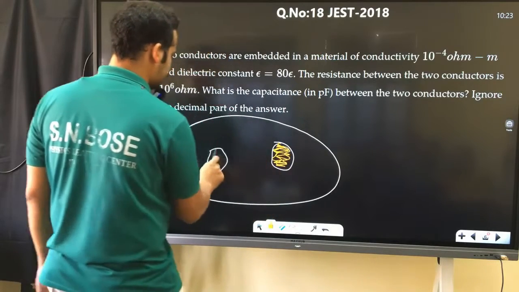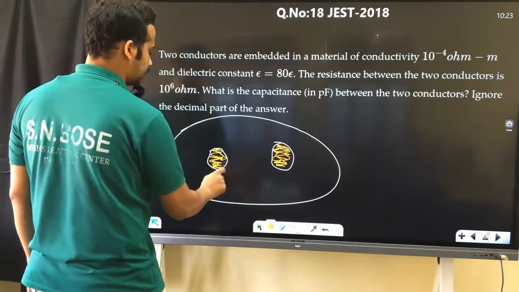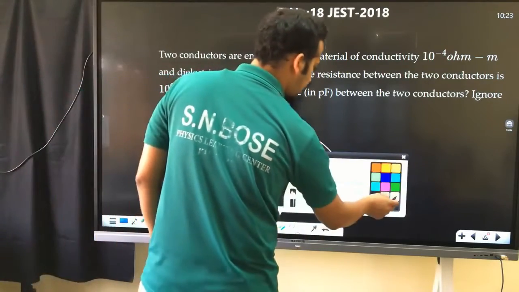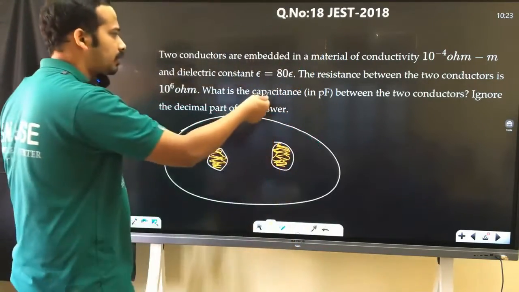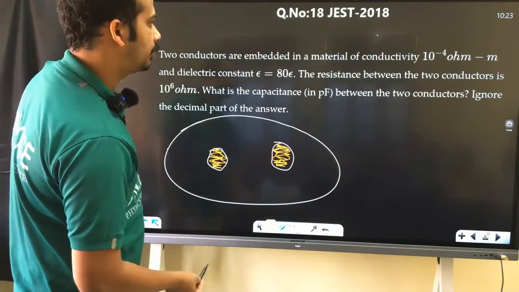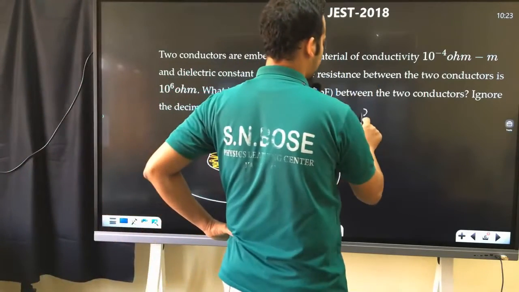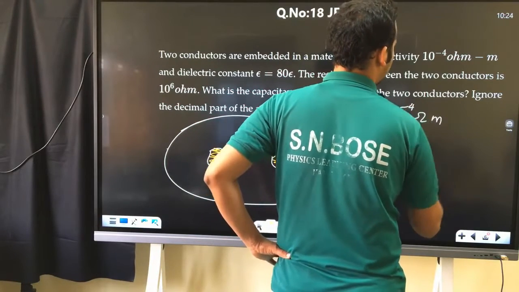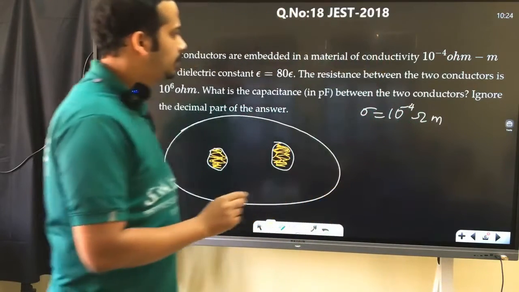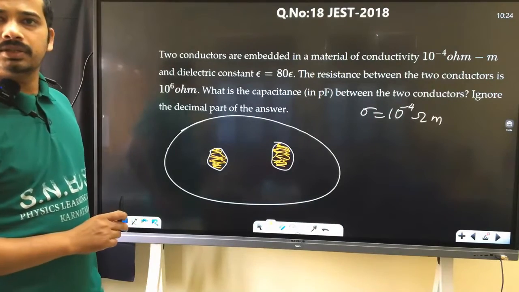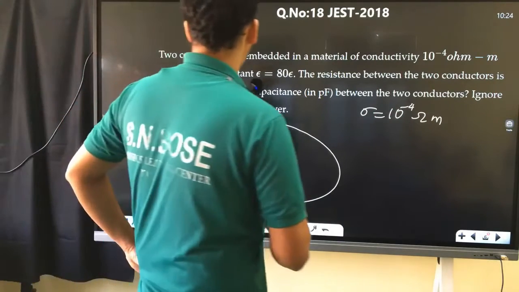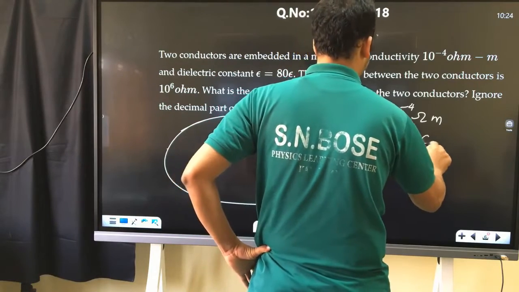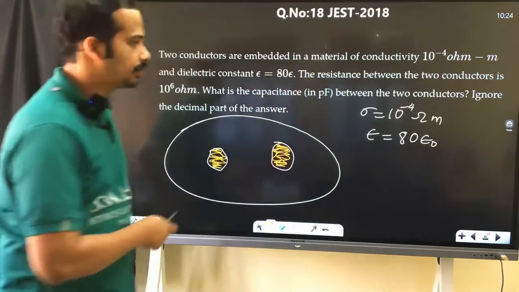This is one conductor. This is another conductor. Is that okay? It has a dielectric constant 80 epsilon naught, I think. Material of conductivity, can I write sigma is equal to 10 to the power minus 4 per ohm meter? So the dielectric constant epsilon is equal to 80 epsilon naught, I hope.